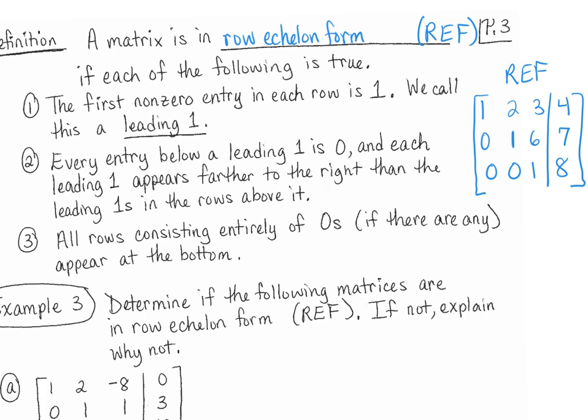Okay? Now, if I decided to just add another row of zeros, is this still in row echelon form? Yes, because what? That's right. All rows consisting of entirely zeros appear at the bottom.